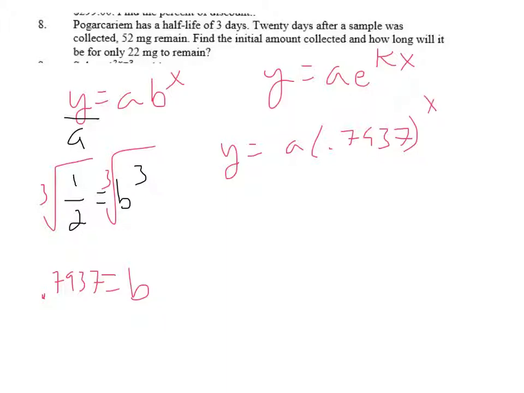So that I've got. Now I've got to find a, the initial amount. So they're telling me 20 days, which is x. There's 52 milligrams remaining. So 52 equals our initial value times 0.7937 to the 20th power. So I'm basically going to take 52 and divide it by that number, whatever that number is.